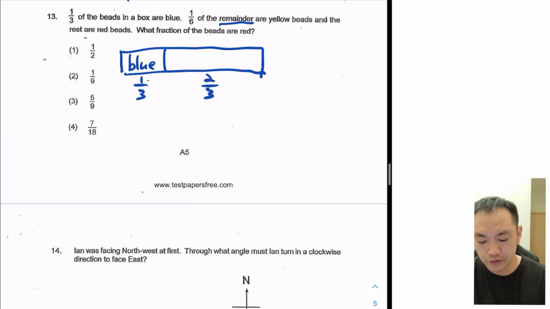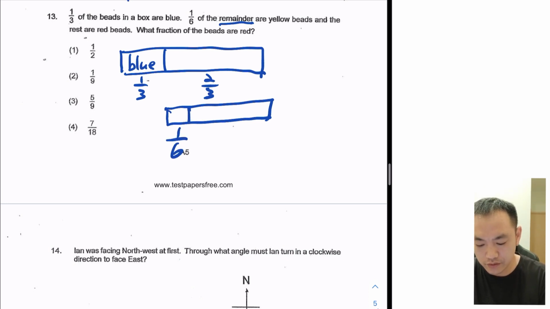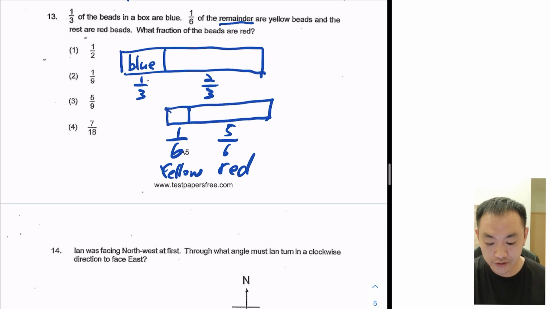Within the remainder, 1/6 is yellow, and the rest is red. So if this is 1/6, then this part is 5 out of 6, which is red.